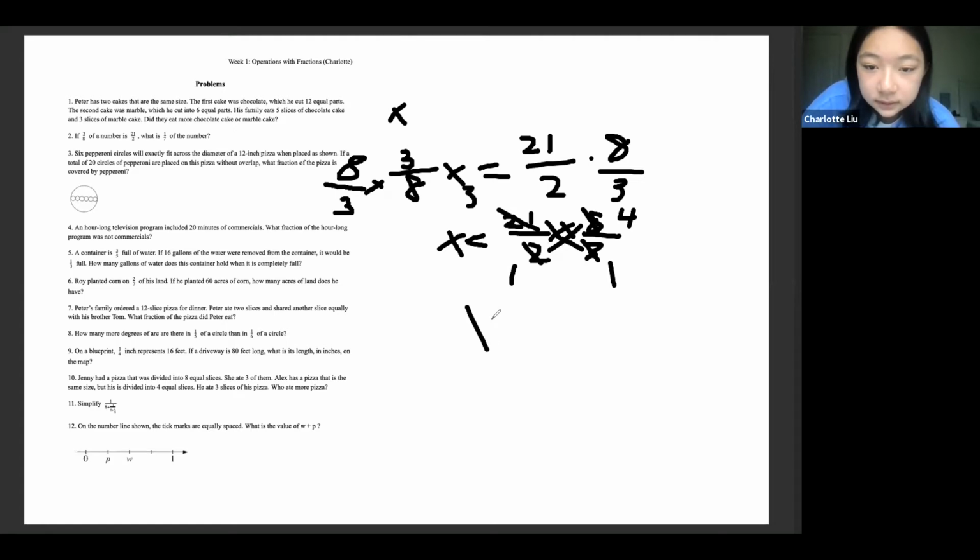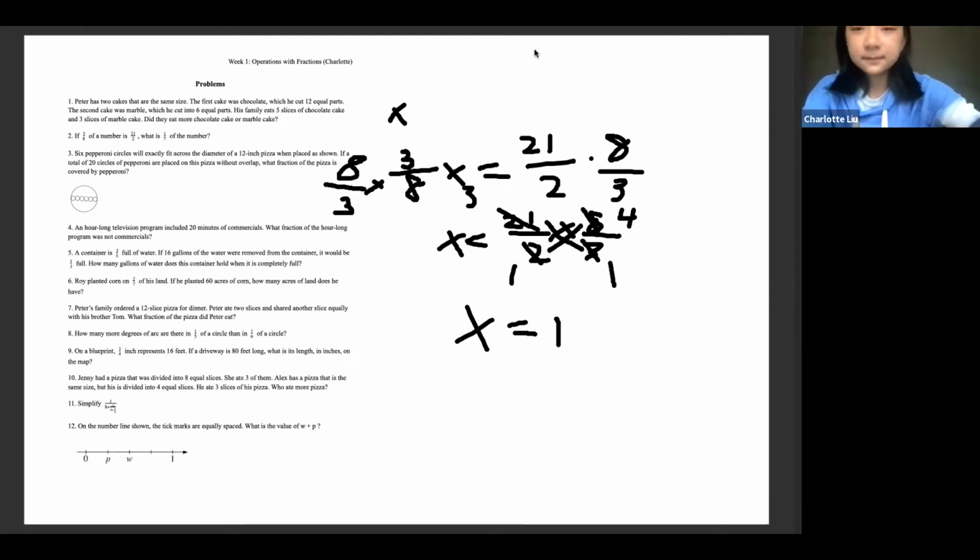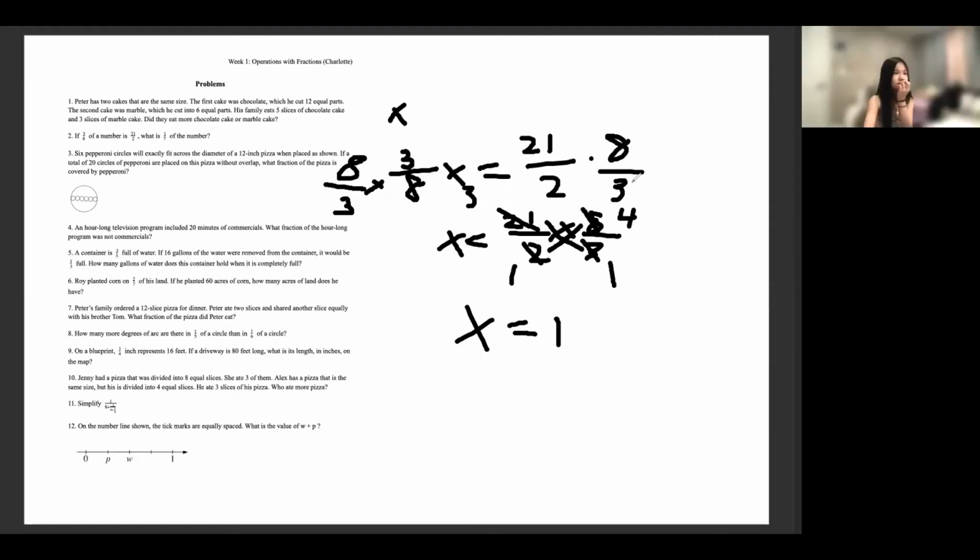So the answer would be x equals 12. Wait, no. Hold on, I think I had a typo here. You said it's 7, like for the denominator of 8. Yeah, sorry.